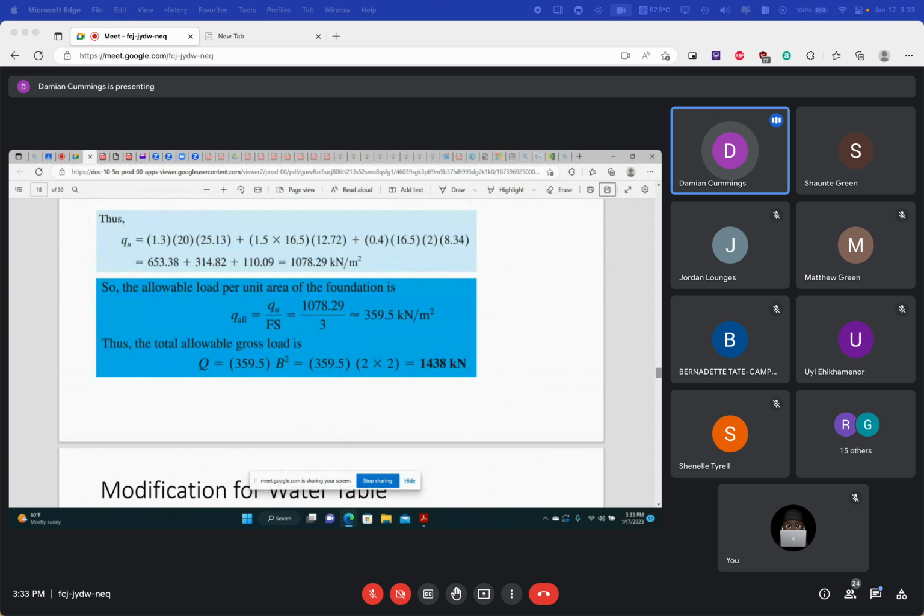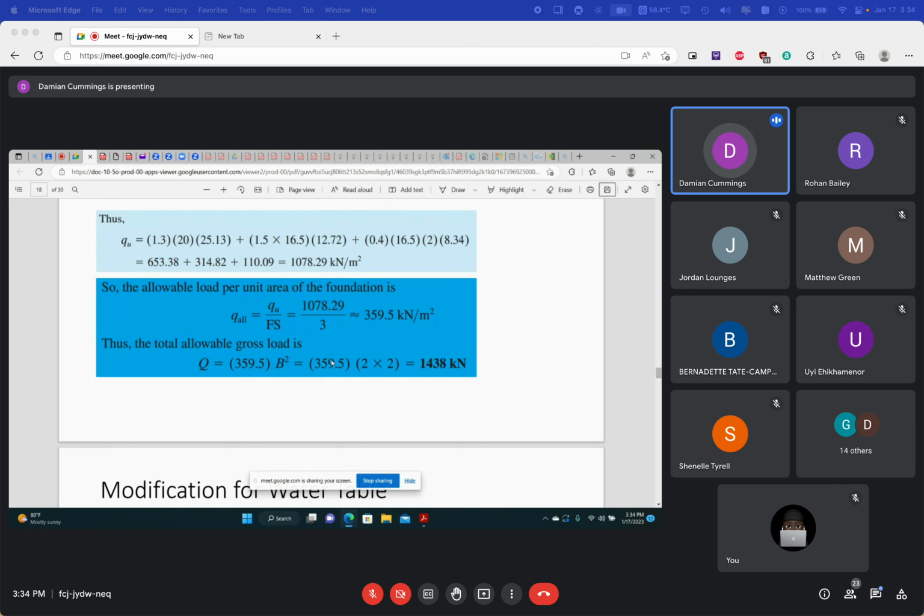All right, so our allowable bearing capacity is equal to 359.5 kilonewtons per meter squared. Our allowable load is equal to our allowable load per unit area times B squared, and B squared in this case because it is a square foundation. If it was a rectangular foundation, it's BL.